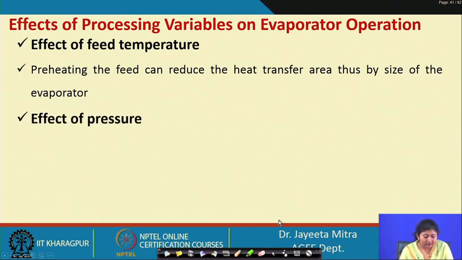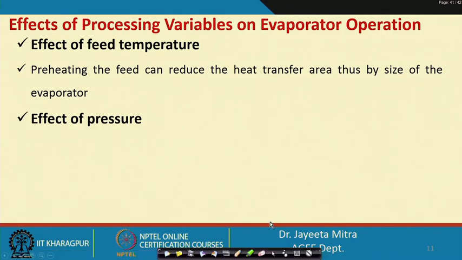So, one point is preheating the feed, that can reduce the heat transfer area and size of the evaporator. Next is effect of pressure. This is also very clear by now that corresponding to the pressure, the saturation temperature we can see from the steam table, and that is the boiling temperature of the liquid in the evaporator.